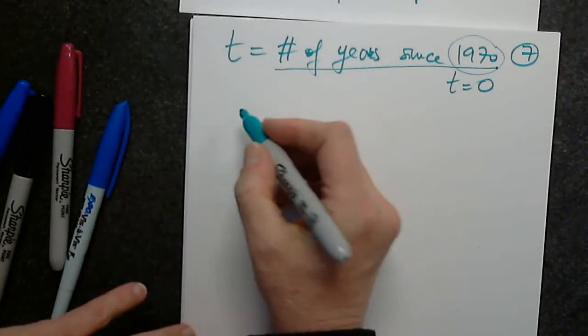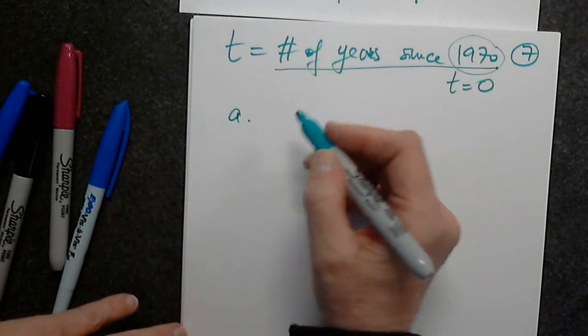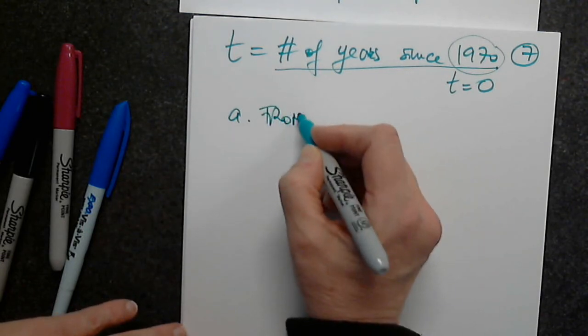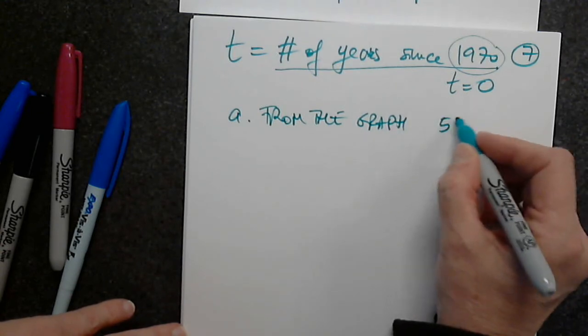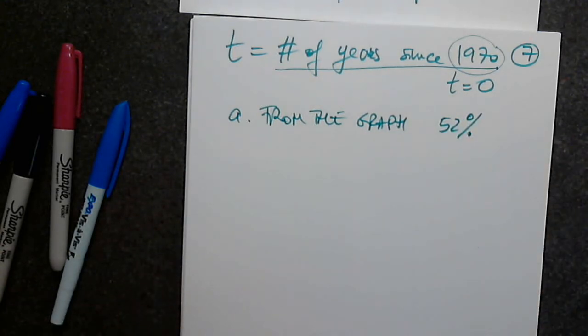In part A, we will say from the graph, we read 52%. Remember, P is percent from the labor force. So from 100%, 52 in 2010, 52 were men and 48 women, according to the statistics.